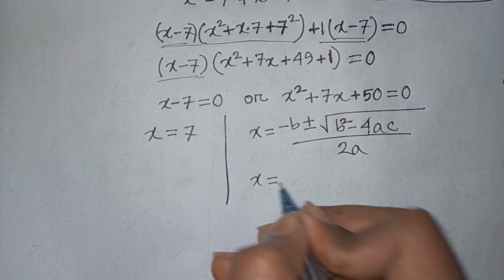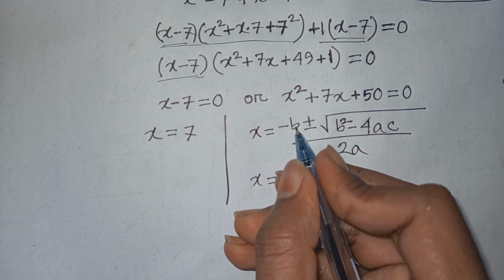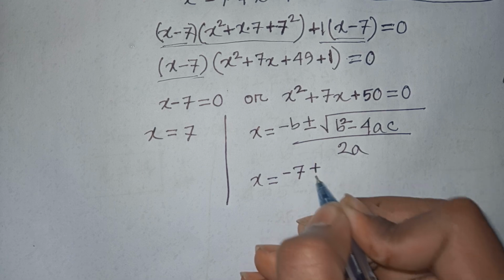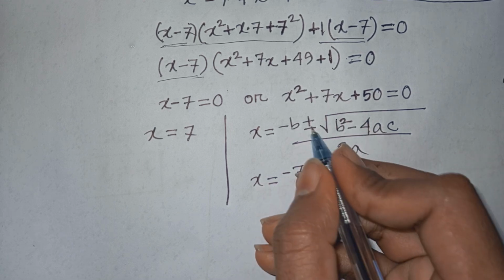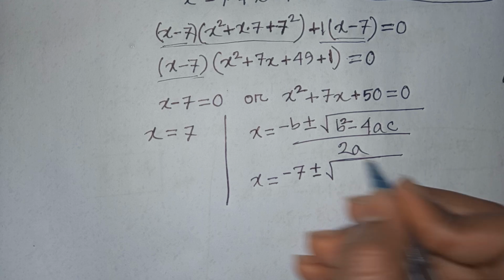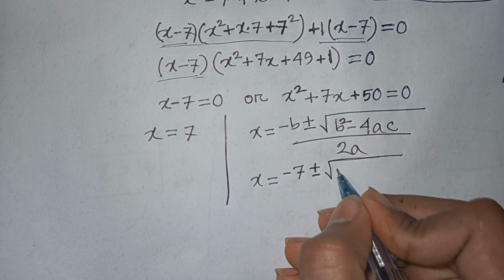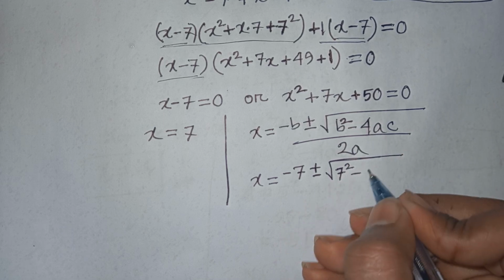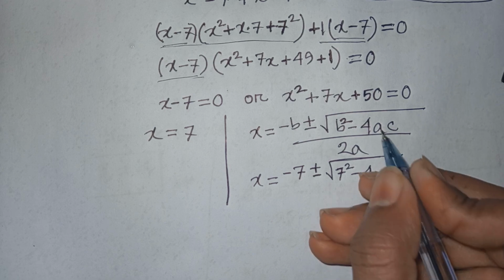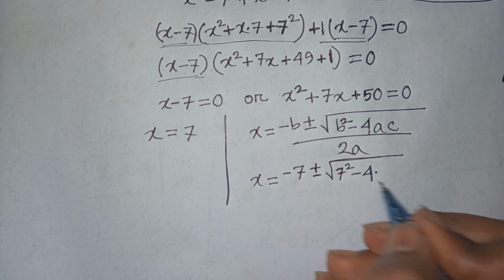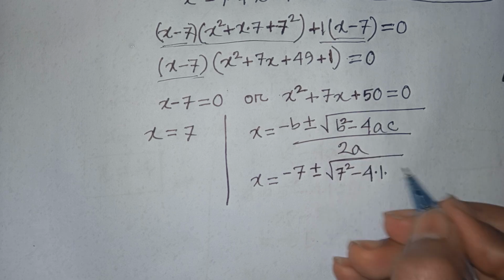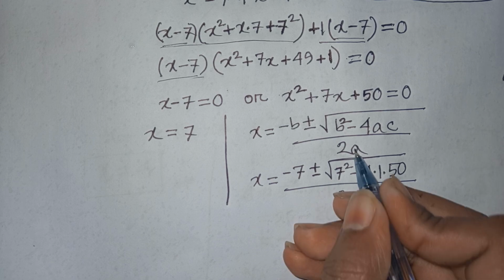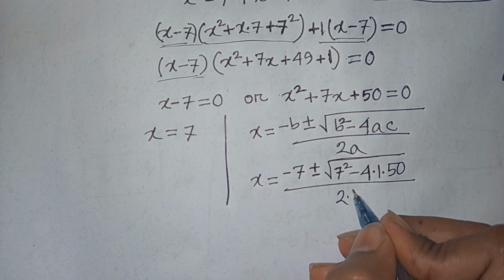Now x will be equal to minus b, that means 7, plus or minus square root of b square, that means it will be 7 square, then minus 4 times a, that means 1, times c, that means 50, and then divided by 2 times a, that means 1.